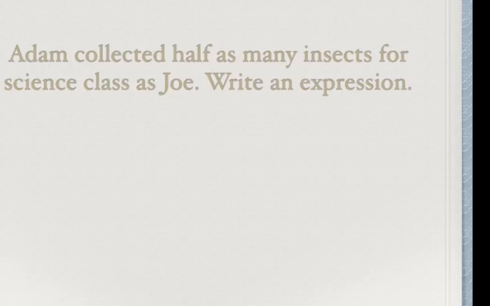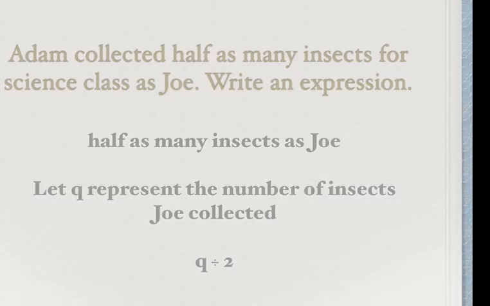Here's another problem. Adam collected half as many insects for the science class as Joe. Write an expression. Half as many insects as Joe. Let Q represent the number of insects Joe collected. So we're going to basically divide.